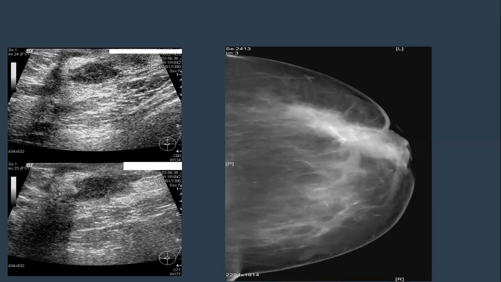So, what if it is not in the breast? If it is in other parts of the body, what could it be? Something irregular, hypoechoic with posterior enhancement, and having a tract. If you look here, this is a tract from one of the lesions going toward the areolar skin.